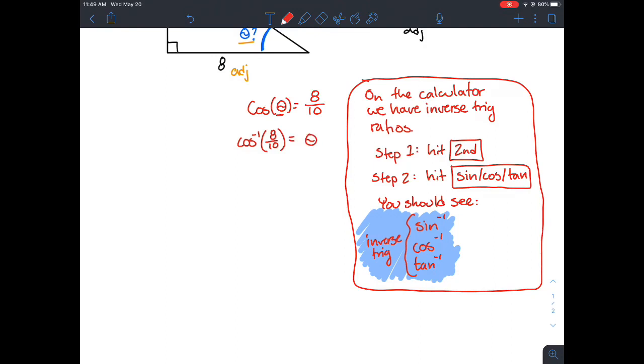So if we're looking at this problem here, let me grab my calculator. We're going to do second cosine. There goes my cosine -1 showing up on my screen. And then I'm going to put 8 divided by 10 in there and hit enter. And it gives me an angle of 36.87 degrees.